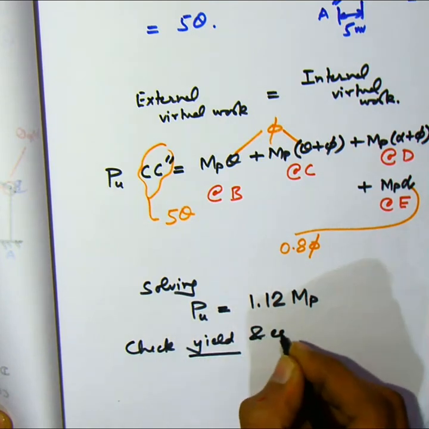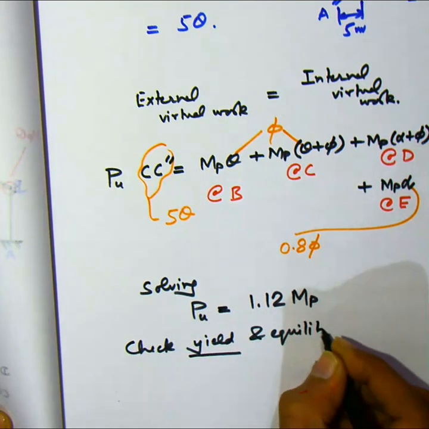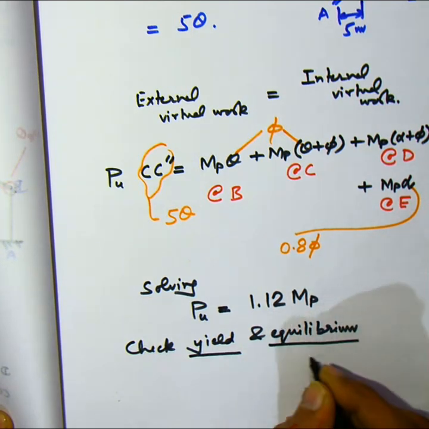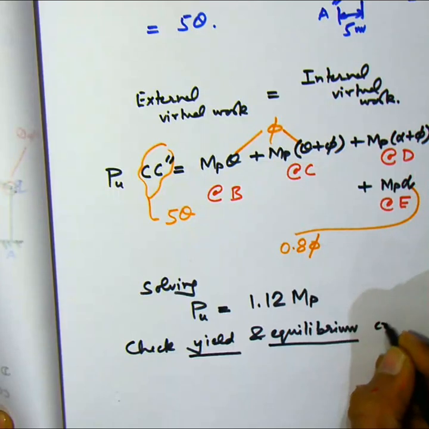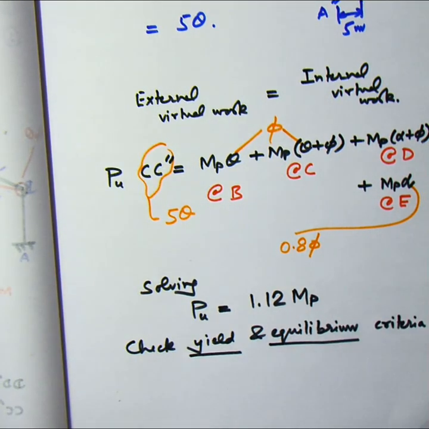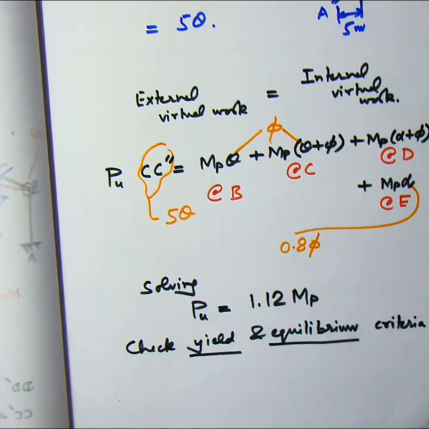We should also check for the combined mechanism, and then we should do the yield and equilibrium check for the lower of the two. But now we have solved till this stage, so if you want to do further in-depth analysis, you can do the equilibrium and yield check for this mechanism also.